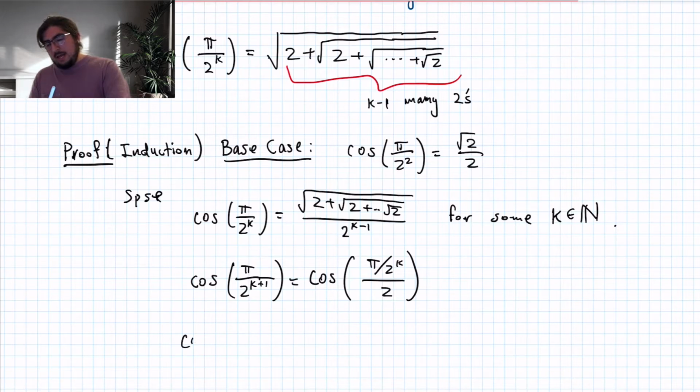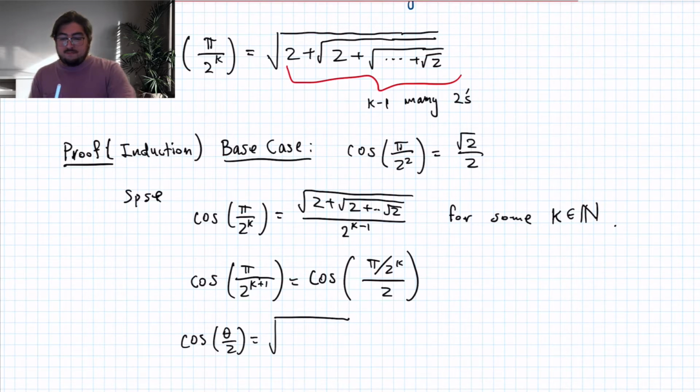Let's recall the half-angle formula for cosine: it's the square root of 1 minus, or is it 1 plus? I believe it's 1 plus, cosine of that over 2.